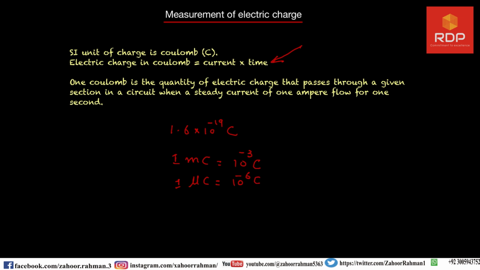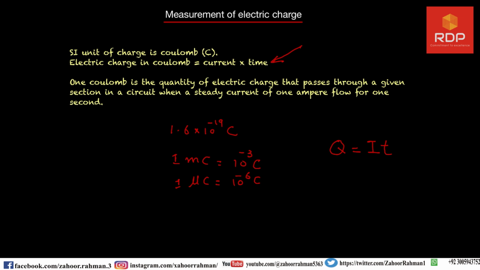So you have to keep all these things in mind while measuring electric charge. Remember that electric charge is denoted by Q, electric current is denoted by I, and time by T. So this is a very important equation in electrostatics: Q = IT.